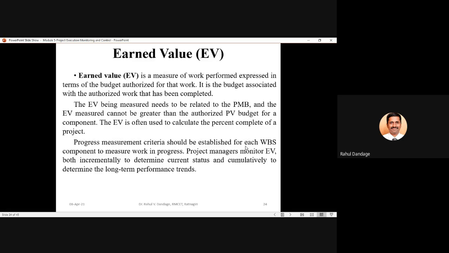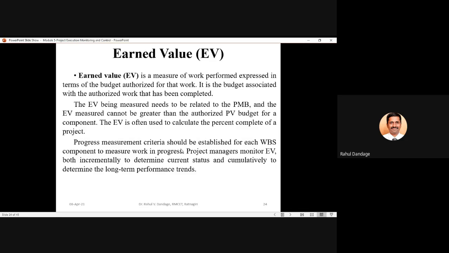The next part to be understood is the second terminology, which is earned value, that is EV. This earned value is a measure of work performed expressed in terms of the budget authorized for that work. So what is earned value?